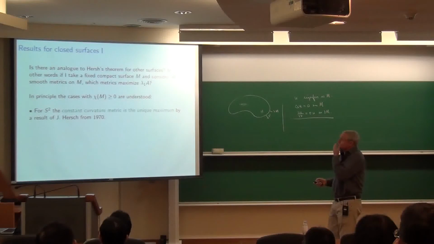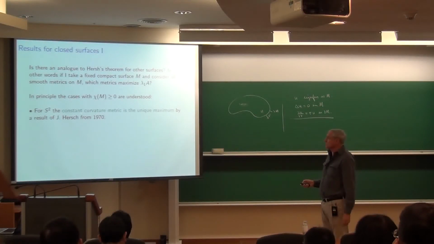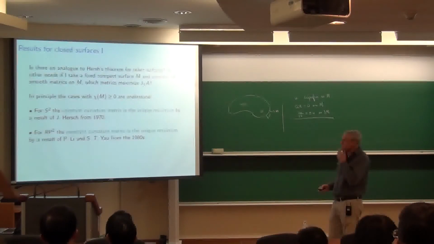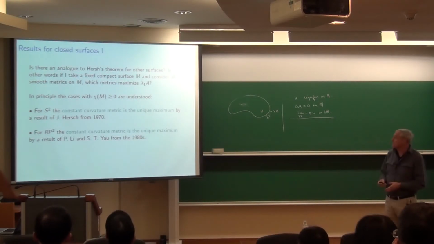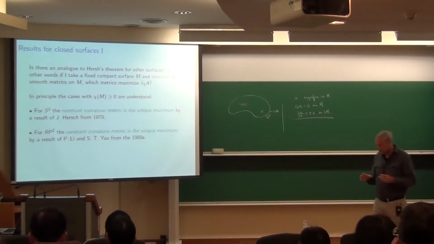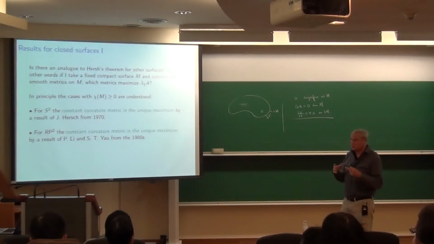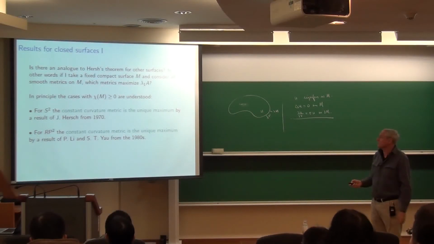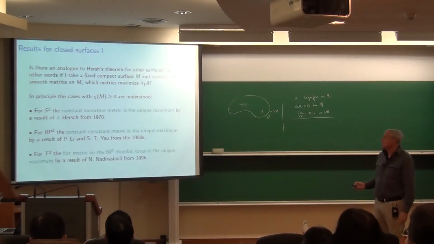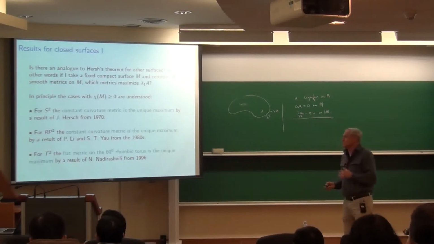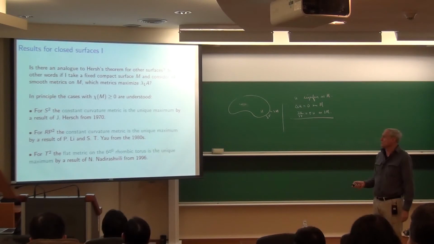The first result beyond the two-sphere was the case of RP2, which was done by Li and Yau in the early 80s. And again, it's true there that the constant curvature metric is the unique maximum for the real projective plane. And then the torus case was solved by Nadirashvili in 1996.